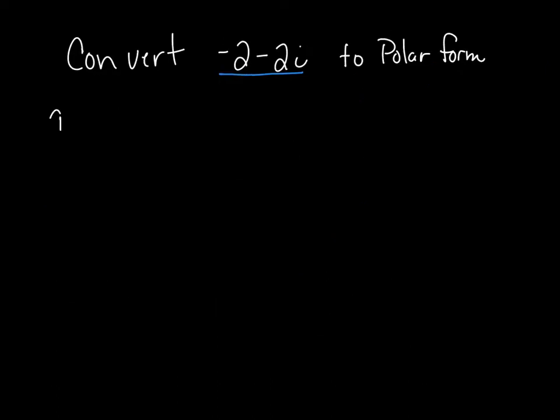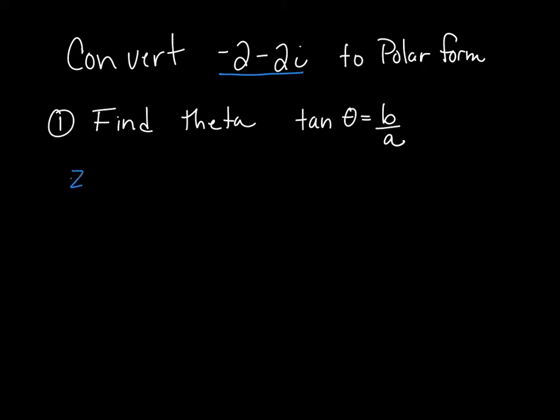So we're going to go ahead and convert negative 2 minus 2i to polar. To do that, we have to find theta. So to find theta, the first thing we do is we take the tangent of theta, which is equal to b over a. In this case, because z is equal to negative 2 minus 2i, a is equal to negative 2 and b is also equal to negative 2.